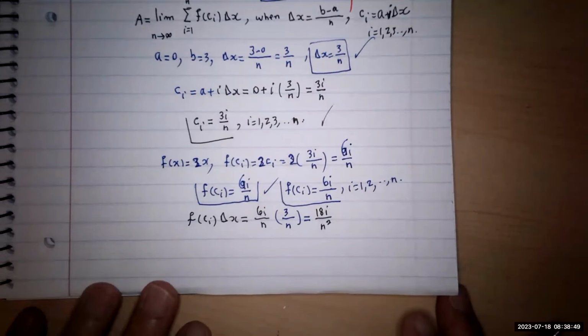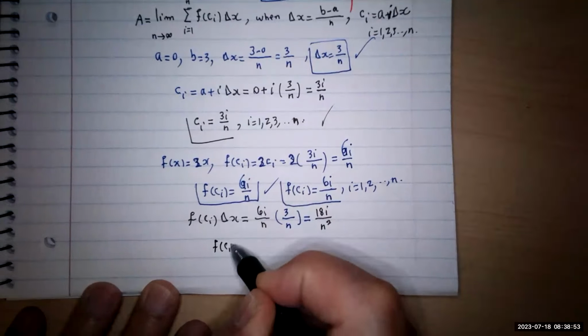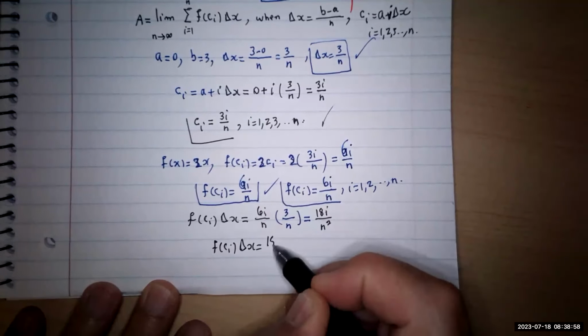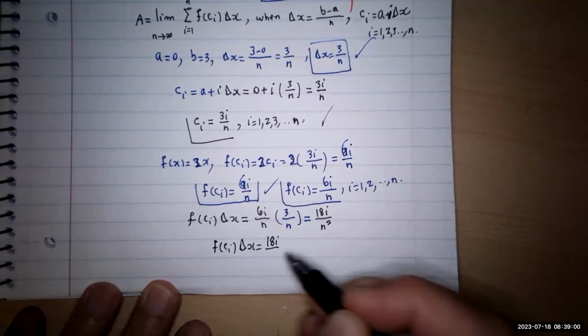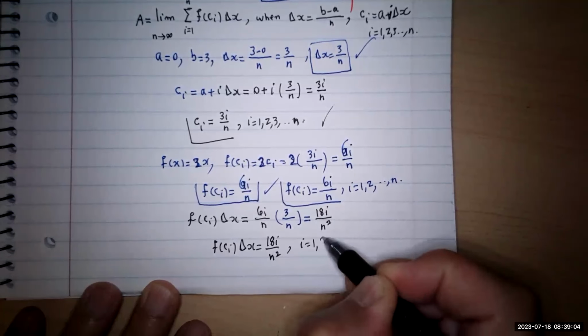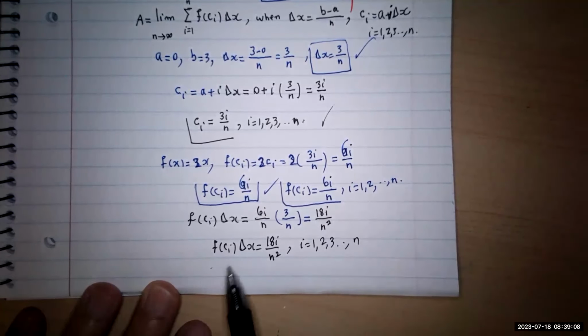And this is going to be the case. Now we are almost done with the preliminaries. So this is 18i over n squared. Again, you know that i is equal to 1, 2, 3 up to n. What you did so far is find the area of one of those rectangles.